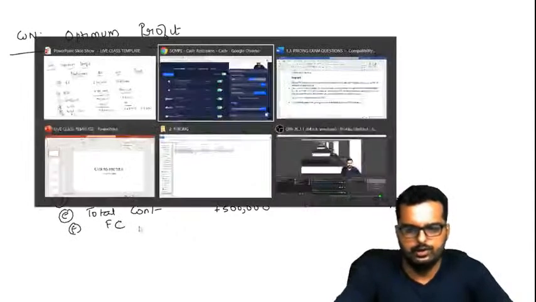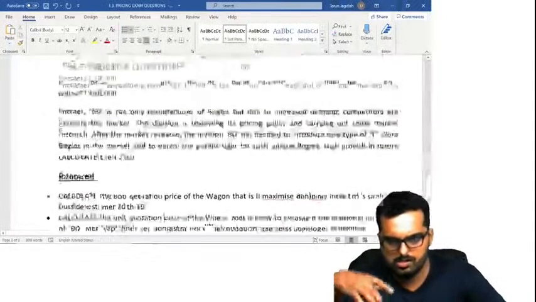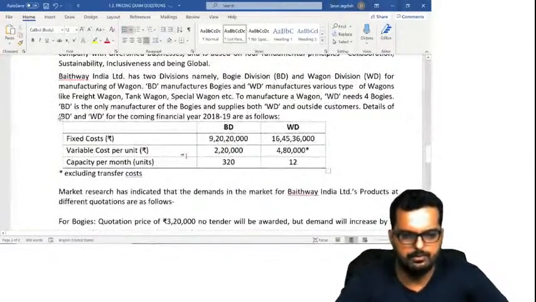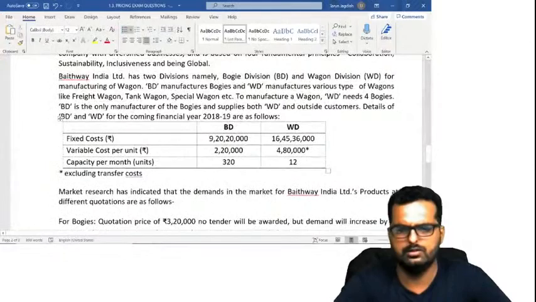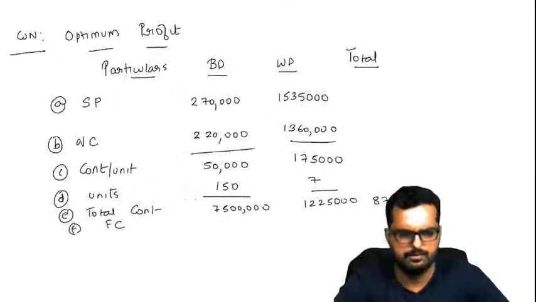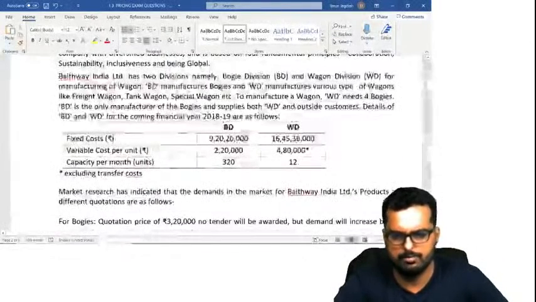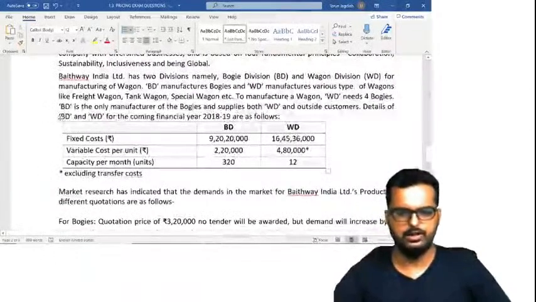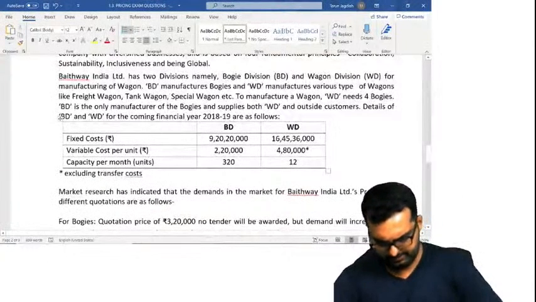From this we have to reduce the fixed cost. The fixed cost will be 9,20,20,000. Is that for 1 year? I believe this is for a month, given the 150 and 7. The fixed cost is for 1 year, 9,20,20,000.